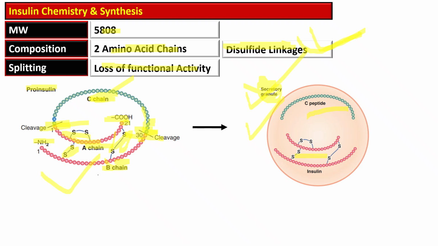So these A and B chains that are remaining and connected by disulfide bond form the active insulin hormone, and this entire process of proinsulin cleavage into insulin and C-peptide occurs within the secretory granules within the pancreatic beta cell. Both insulin and C-peptide are stored together and released into the bloodstream in response to glucose.